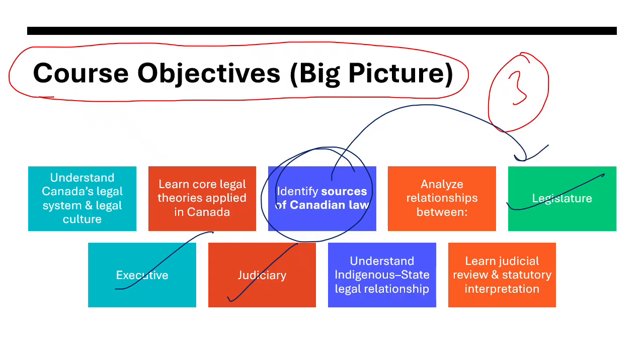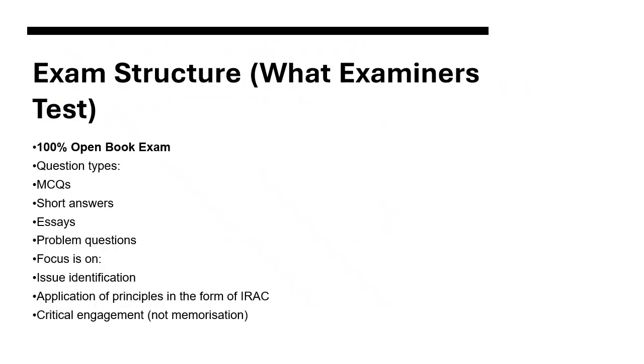Then we talk about reality in today's Canadian picture, how we implement the legal theories, how all three branches work together, what the theory is, what the principles behind that are. Also, one important thing is the Indigenous-state relationship. So we understand the Indigenous-state legal relationship, then we learn judicial review, statutory interpretation. This is how your whole syllabus goes.